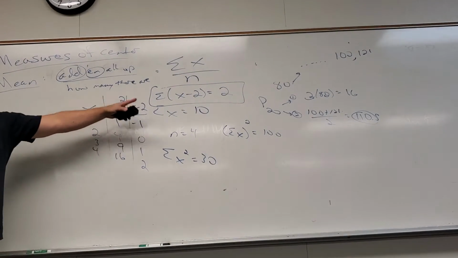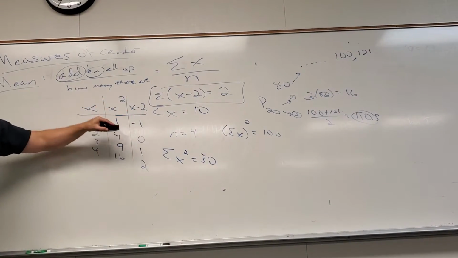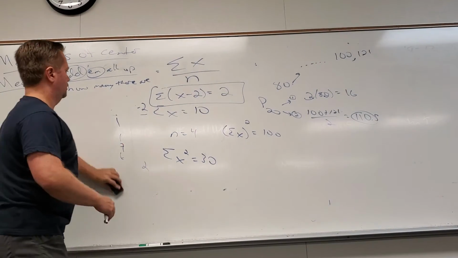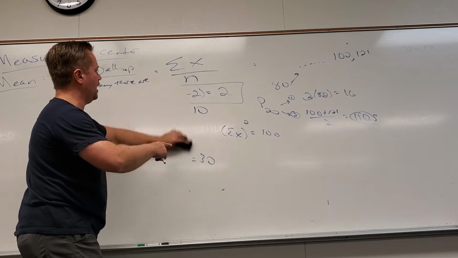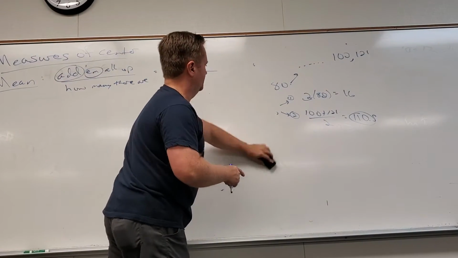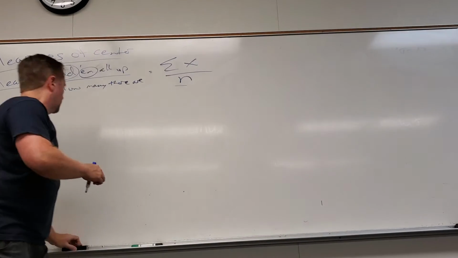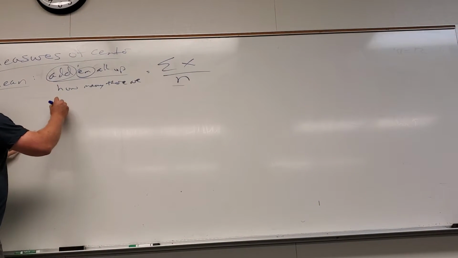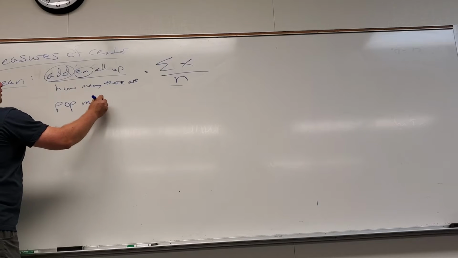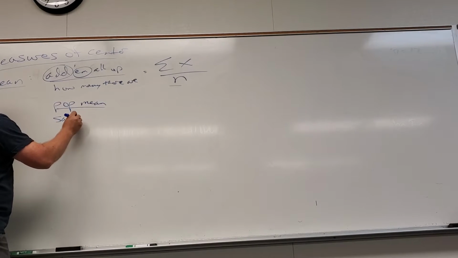So we got all this weirdness I wrote here. All right. So watch. We use two different symbols for population and sample mean.